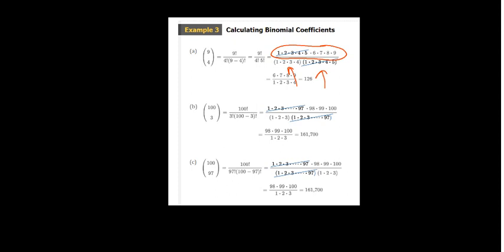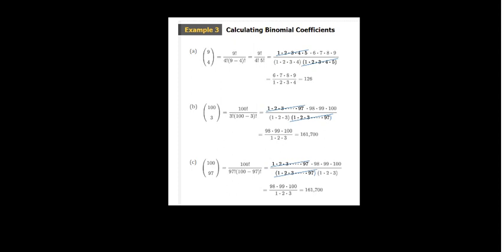This is just simple algebra: we can cancel out 1 times 2 times 3 times 4 times 5, because we see that in both the numerator and denominator. We can cancel it once, and we can't cancel it again. So it simply becomes 6 times 7 times 8 times 9 divided by 1 times 2 times 3 times 4. And of course we get the number 126.